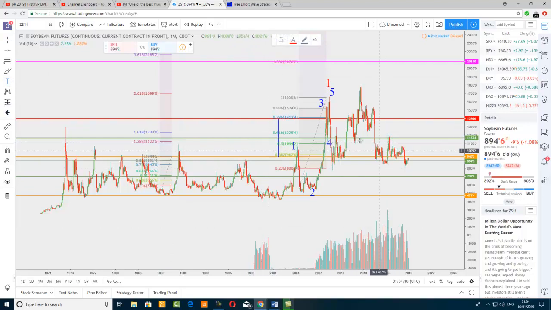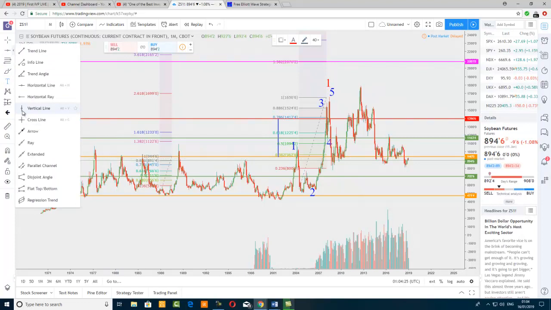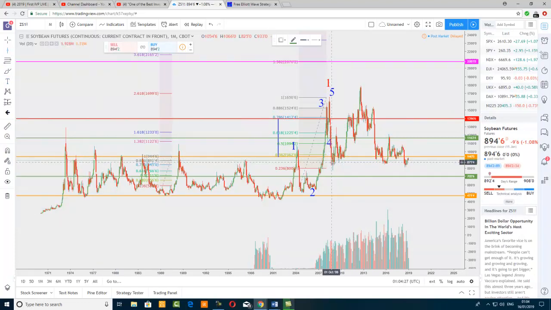therefore you may be saying that, all right, you see this move back up, 1, 2, 3. This is a flat correction ending right here. Agree or disagree? You can disagree, don't worry.